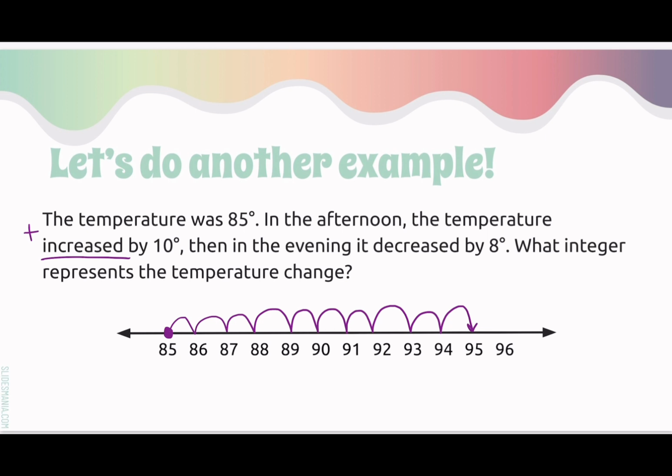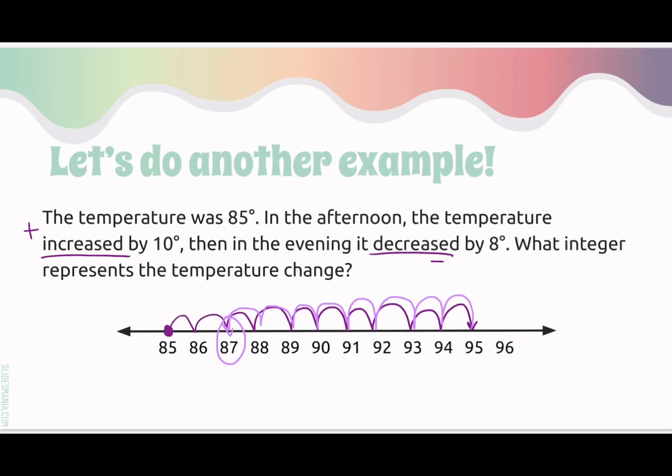Then, in the evening, it decreased by 8 degrees. Well, decreasing is a negative action. So now we're going to be at 95, but we are decreasing by 8. This leads us to 87 degrees. So what integer represents the temperature change?